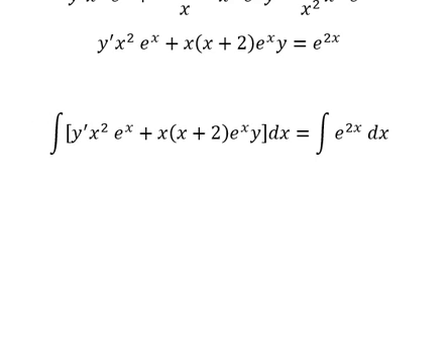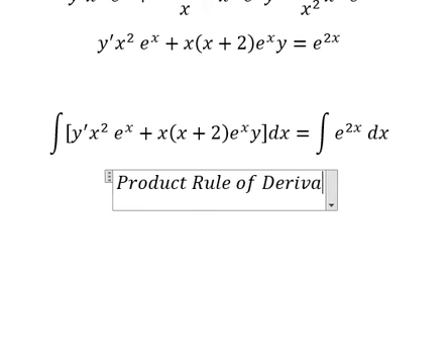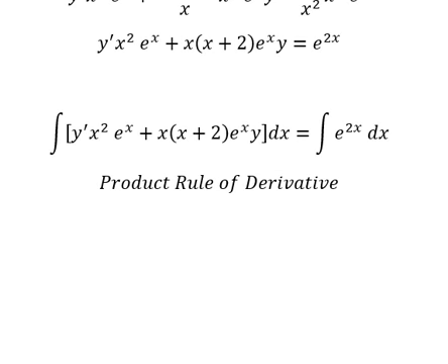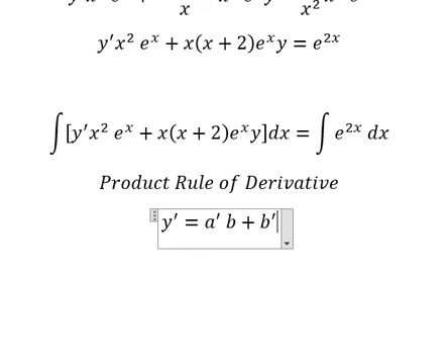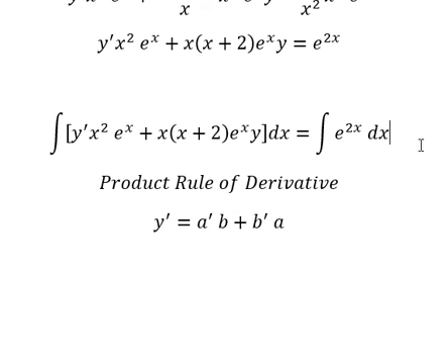Next, we can use the product rule of derivative. So we have the first derivative of y equals the first derivative of a multiplied by b plus the first derivative of b multiplied by a.